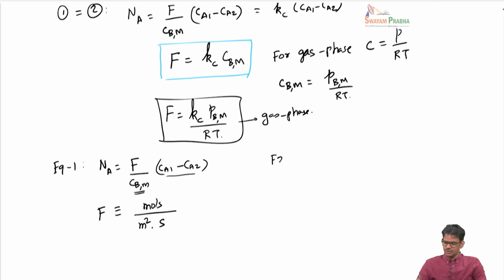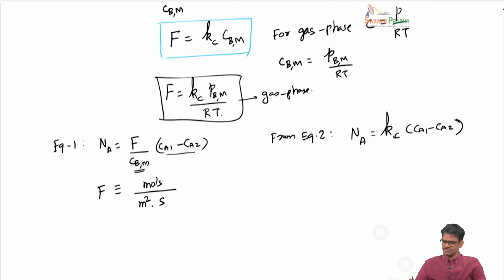Whereas from equation 2, where we have written Na using this phenomenological approach, if you substitute the units, for Na this is moles per meter square per second, Kc we will keep like this, and concentrations are given in, let's say, moles per meter cube. Then this makes the units of Kc meter per second.